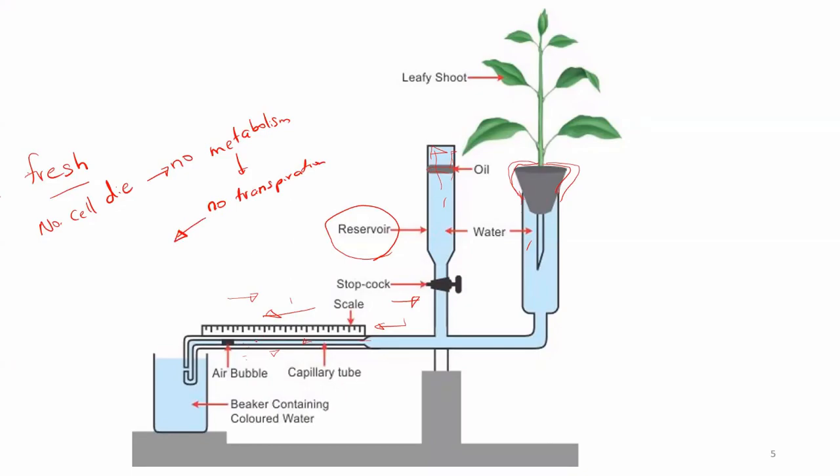So if possible, we get fresh leaves or shoots. If the shoot has more leaves, that is also good, because more area is exposed to sunlight for more transpiration. With more transpiration, the air bubble can move a long distance in a shorter time period. That's why we go for more leaves on the shoot, and the shoot should be fresh. Is it clear?